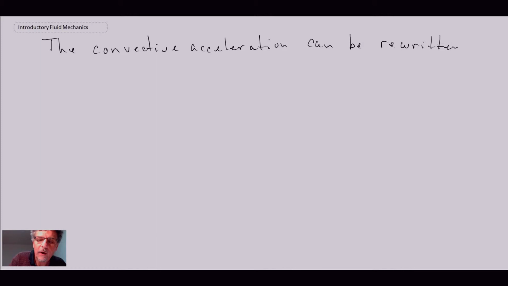Let's take a look at the second term, that was the convective acceleration. We are going to rewrite it using some of the different operators that you learn in your mathematics courses.